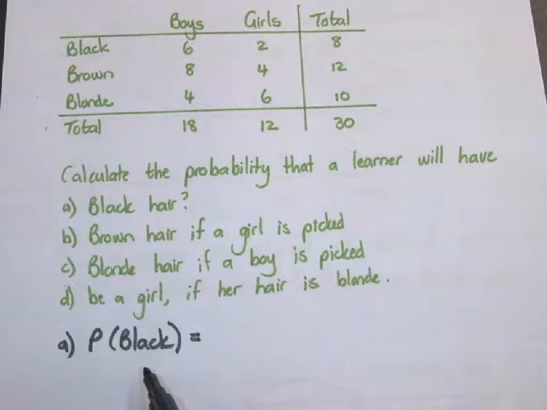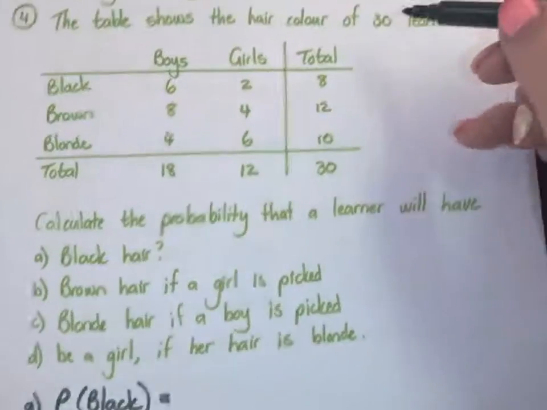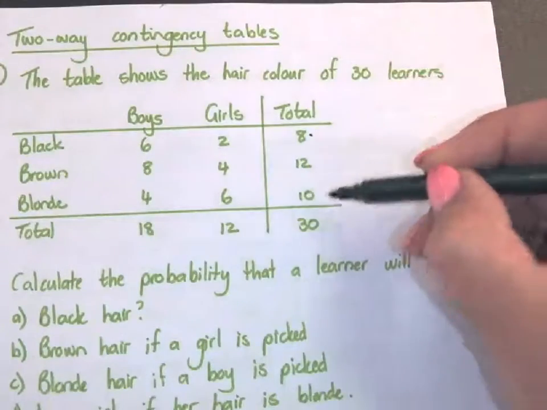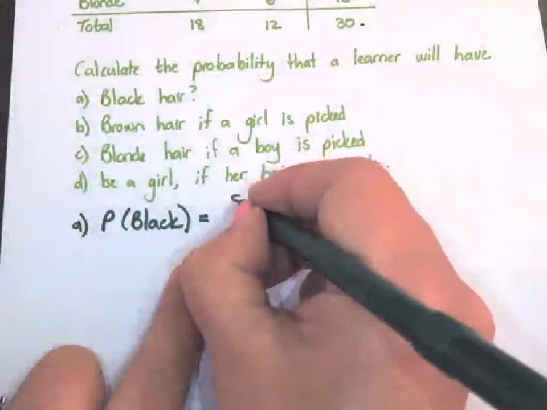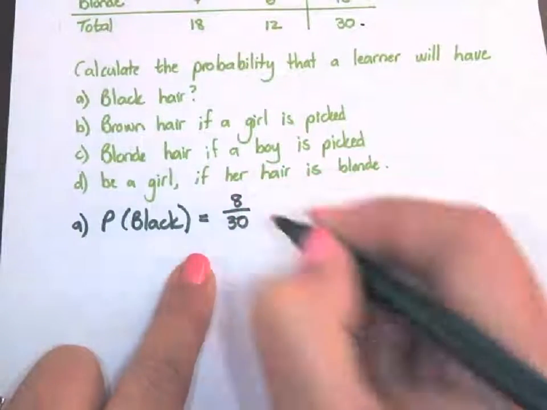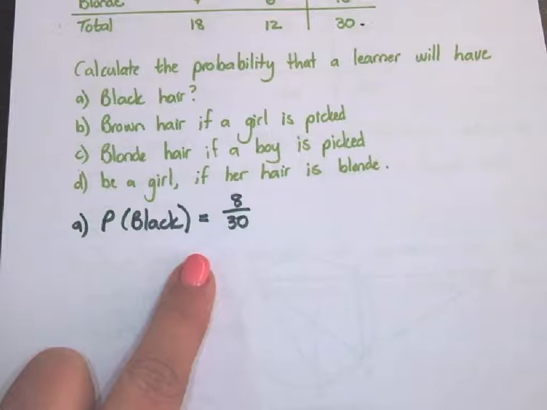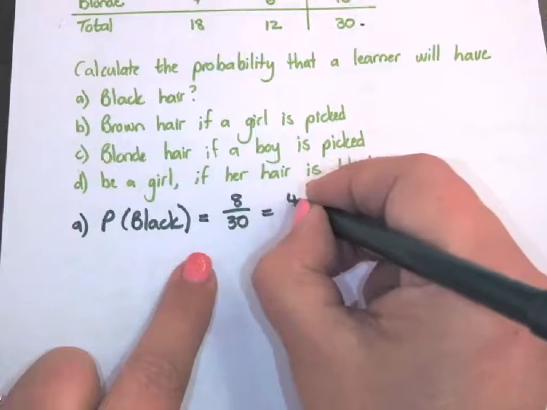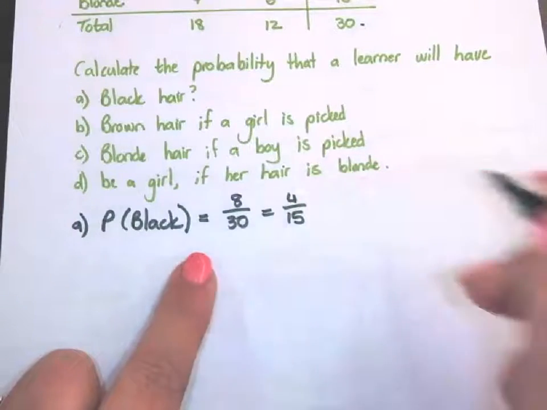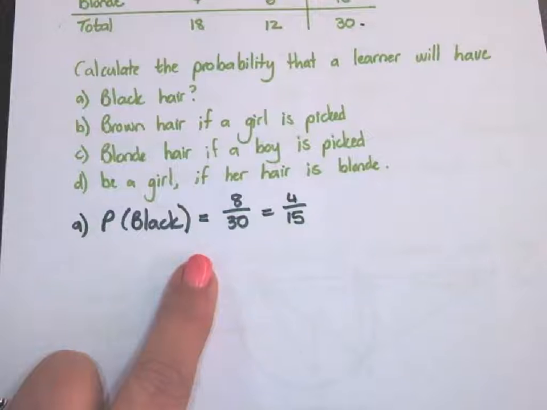So you look at the total of black hair and you look at the total of children. That will be 8 over 30. Which is 4 out of 15. Always simplify.